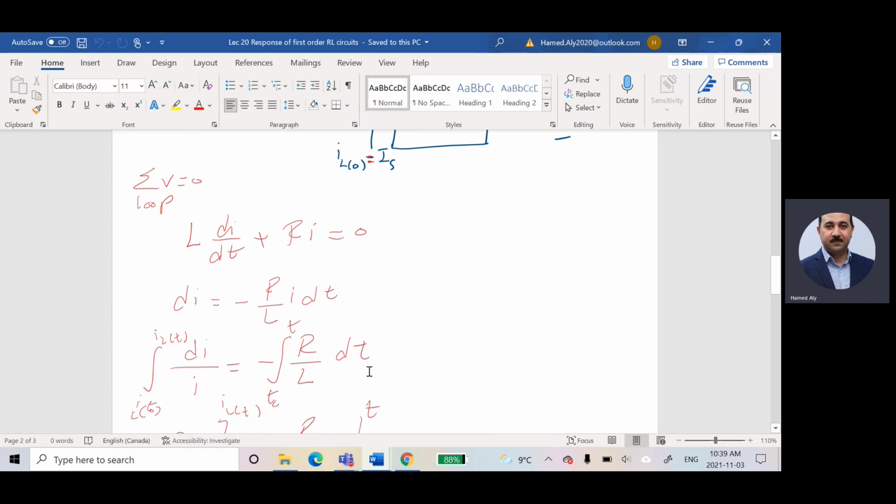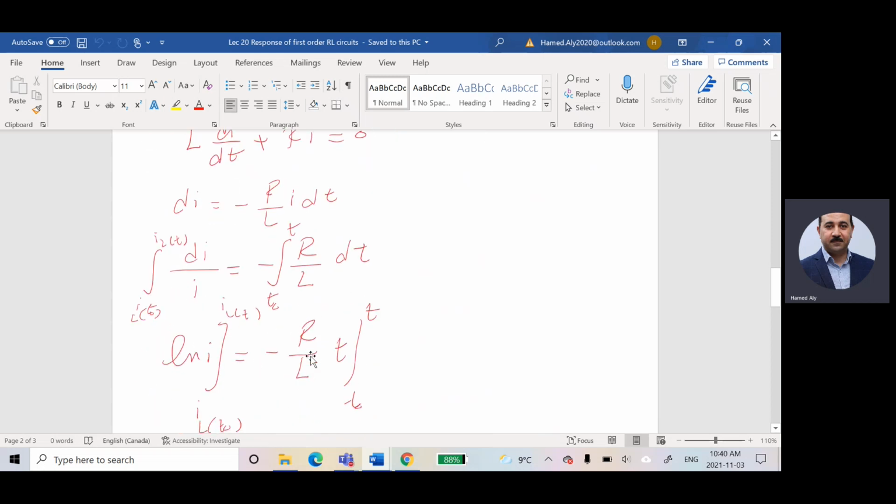Then we take the integral of both sides. The integral of the left-hand side will be from IL of t0 to IL of t, and the integral of the right-hand side will be from t0 up to t.